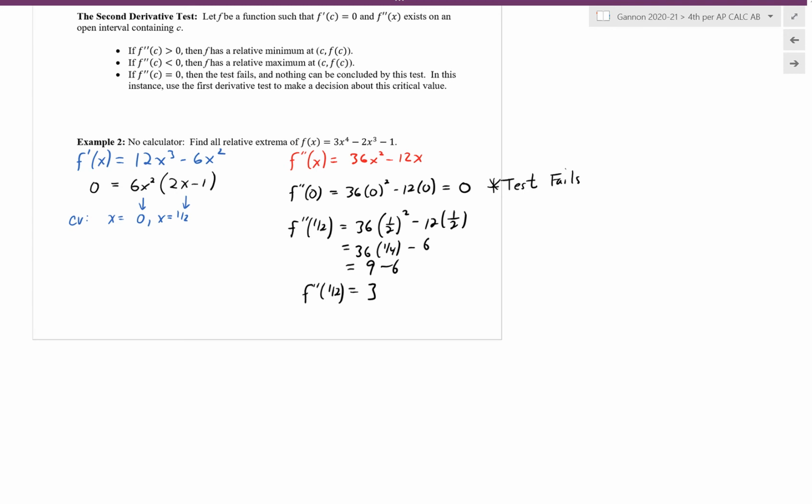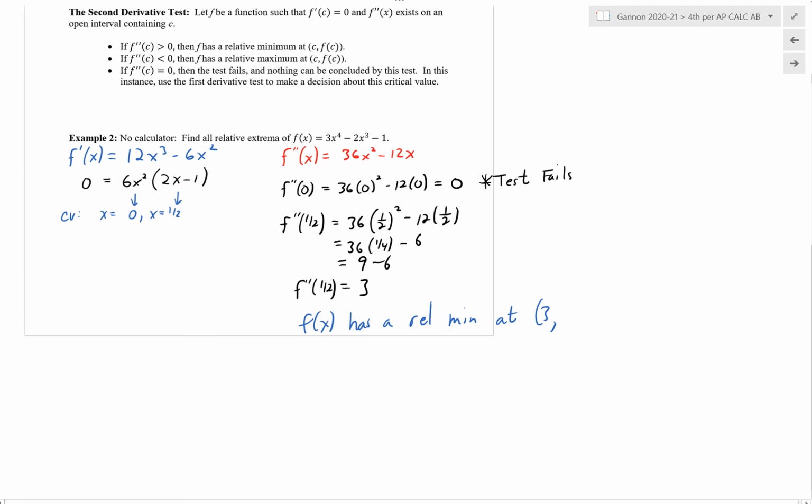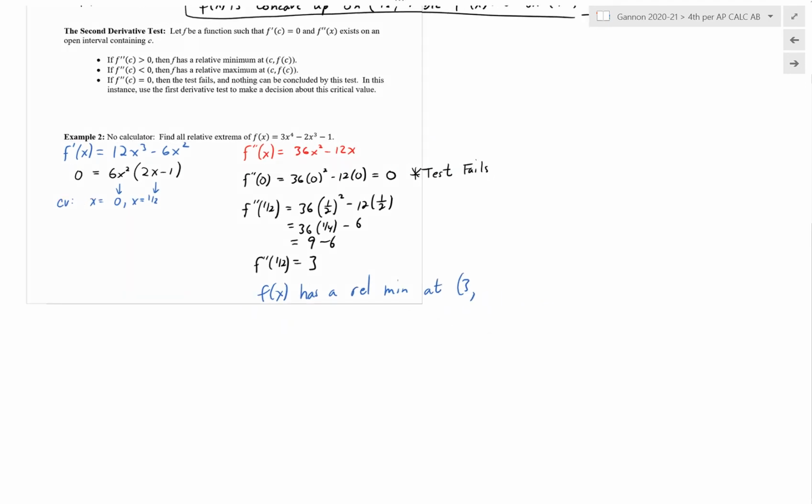So what we're able to determine from the critical value at 1/2 and seeing that the second derivative at 1/2 is 3 is that f of x has a relative minimum at the point 3, comma, and if we wanted to find the actual minimum value, we would plug in 3 to the original function.